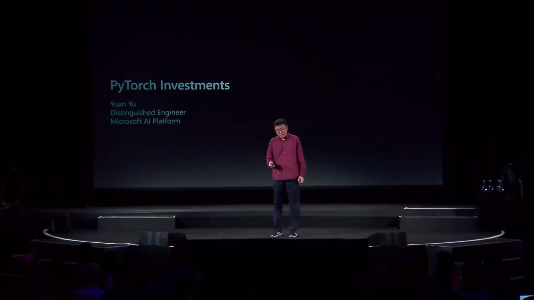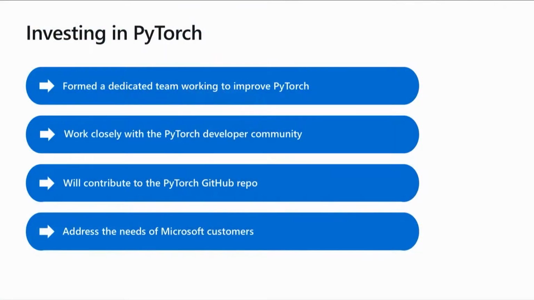Hello, hi. I'm Yuan Yu. I'm an architect on the Microsoft AI framework team. So what I'm going to talk about, as we just learned from Eric's presentation, is that we are actually doing a lot of work to make PyTorch great on Azure. And obviously, we are also interested in making PyTorch great for everyone. So in the next few minutes, I'm going to talk briefly about our PyTorch investment.